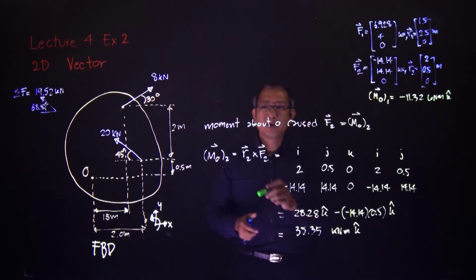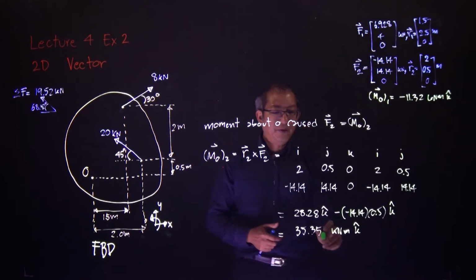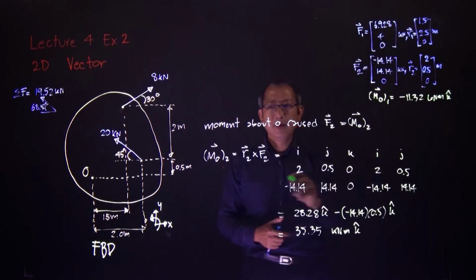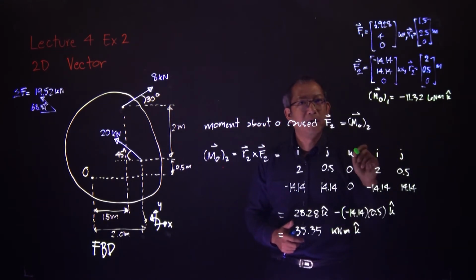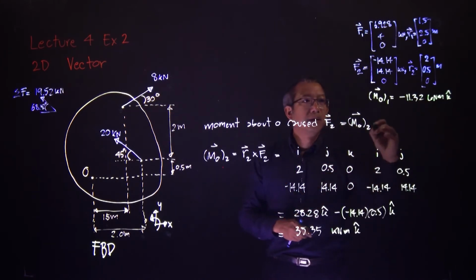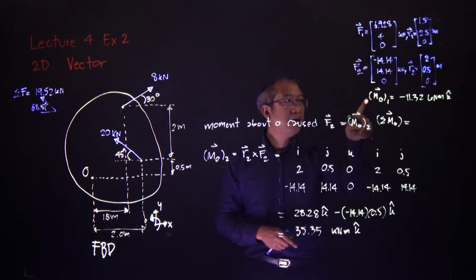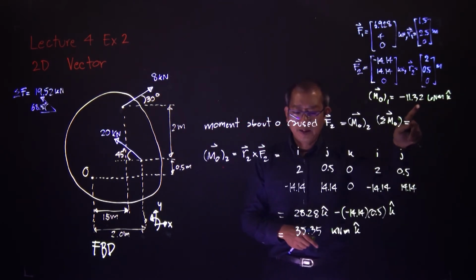So now we have the two moments to combine. Rather than putting a note here, I just combine it straight away because it's also k, and k is a simple calculation already. I don't need to set up the matrix again. So just to be quick, the sigma moment about point O, which is of course that one combined with that one. That one is positive, that one is negative.